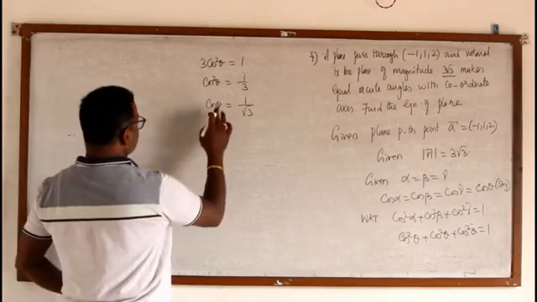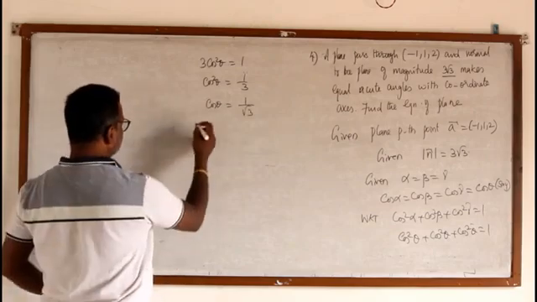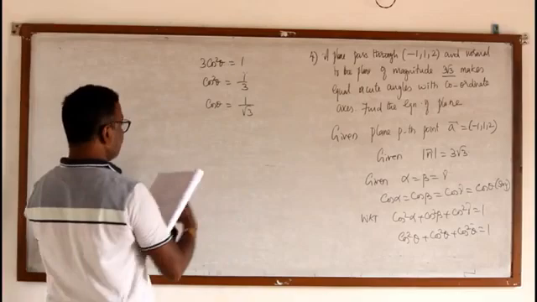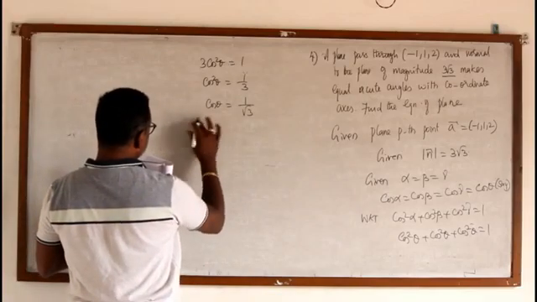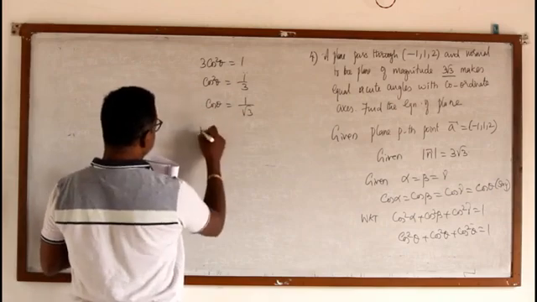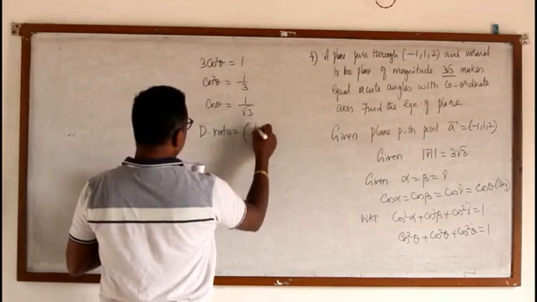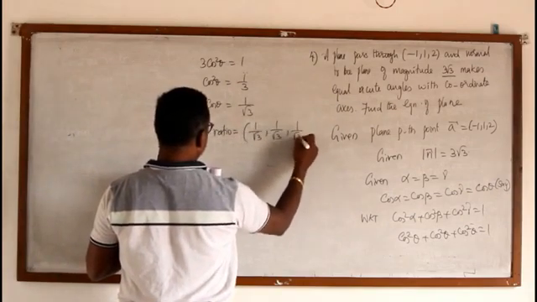In this case, this is I vector. Therefore, I can say n vector, the direction ratio is 1 by root 3, comma 1 by root 3, comma 1 by root 3.